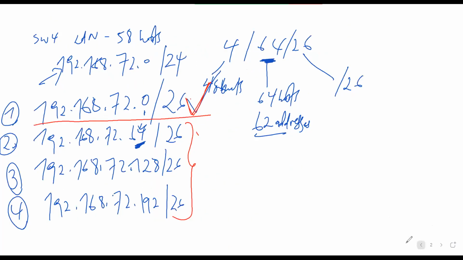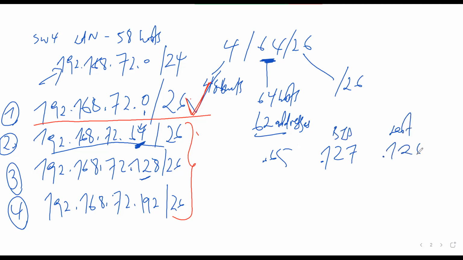So if we were to choose this second network as our network, it would mean our first address will be .65. For our last address, we look at the broadcast first: 128, 127, that's the broadcast, which means our last address will be .126. Every time you look at the next network, you look at the broadcast ID, the last address, and the first address.